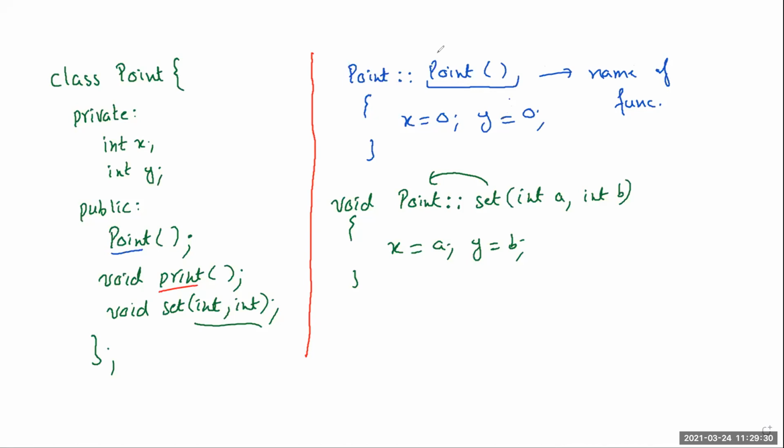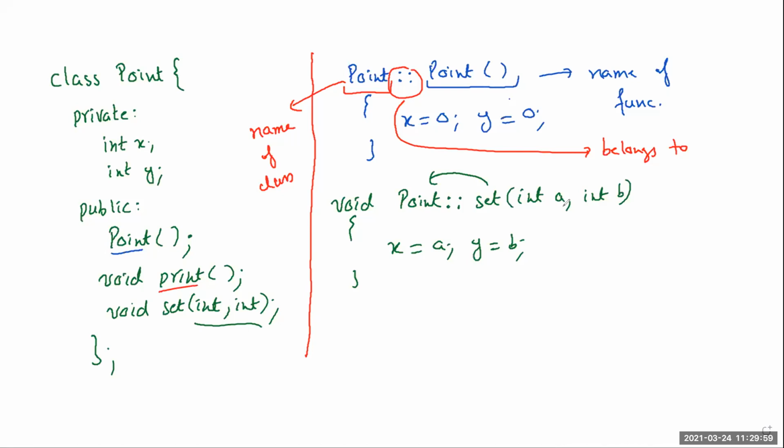And then this point here is actually the name of the class, and this double colon is actually belongs to. Now you see we have exactly the same working of the class, but the only difference is that we have put the body of the function outside the class.